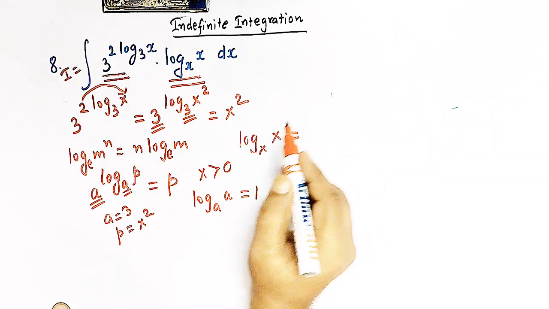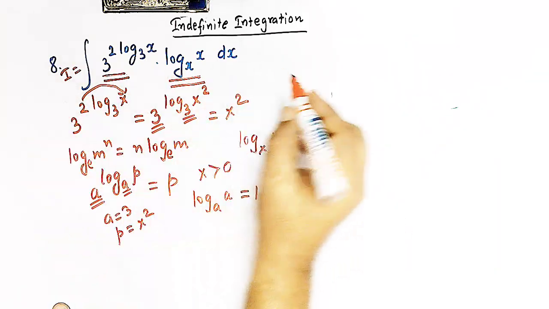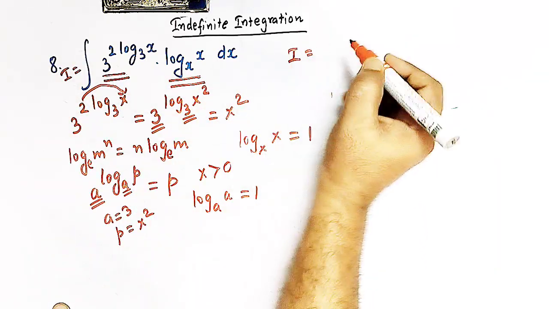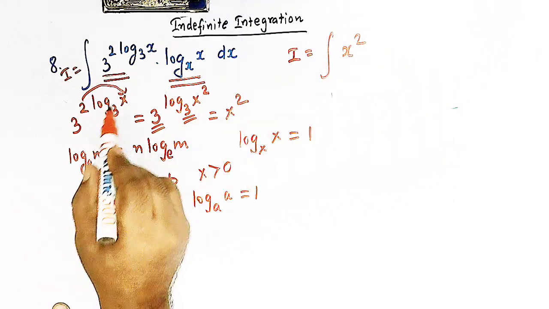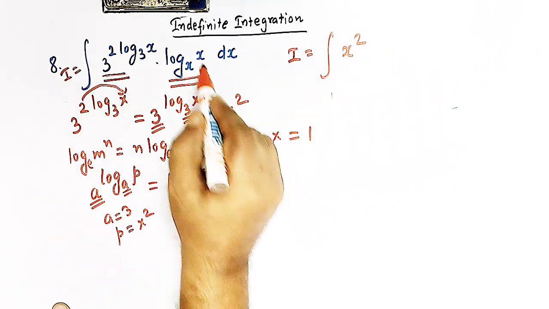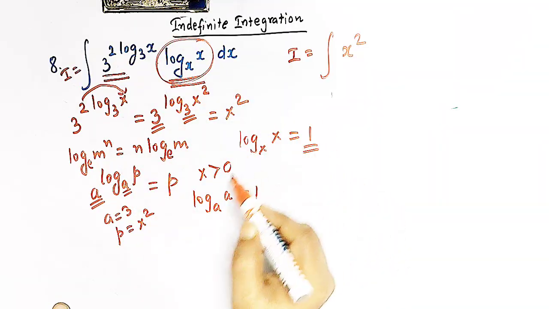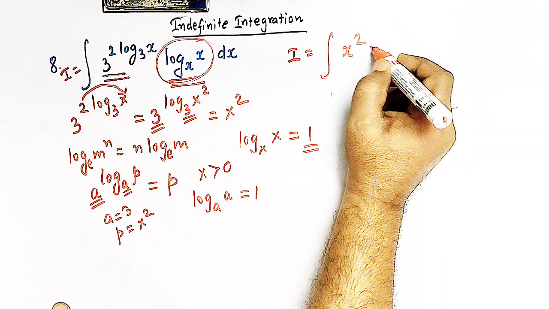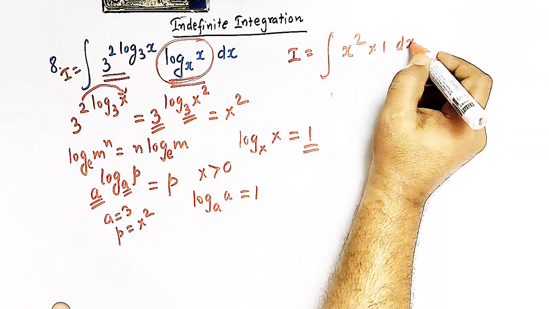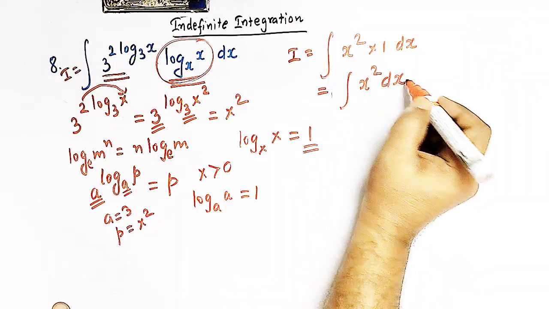So the value of this expression is simply equal to 1. So now our integral I takes the form x square for this term, and for this term we have 1, because logarithm of a to the base a is equal to 1. So we have 1 and dx, so we have simply x square dx.